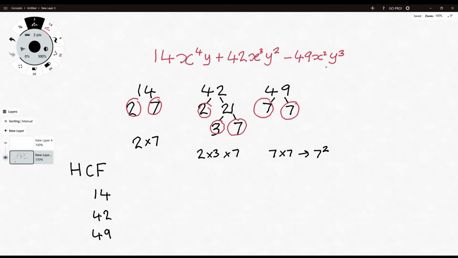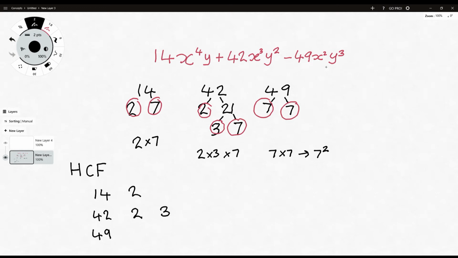I'll start with the 2s. 14 has a factor of 2. 42 has a factor of 2, so we'll put that underneath to line it up. There are no 2s in 49, so we ignore that column. The next lowest one is the 3, which only occurs in the 42.